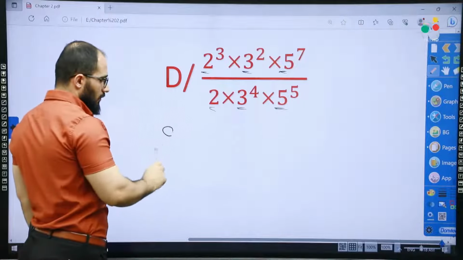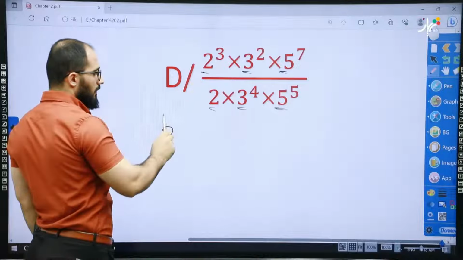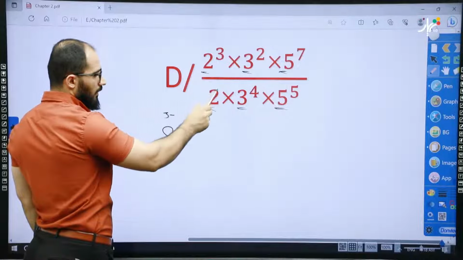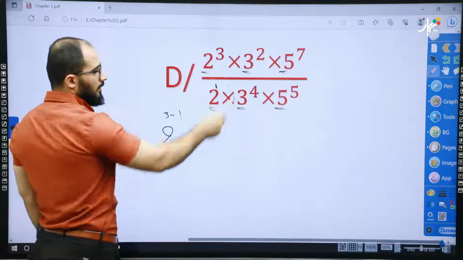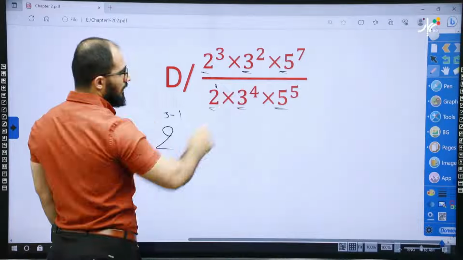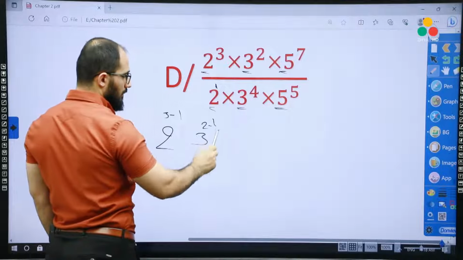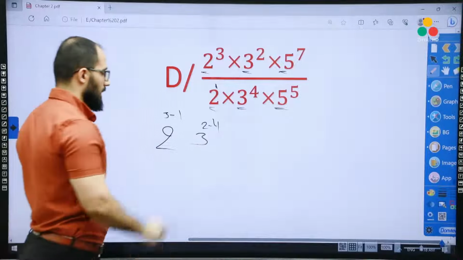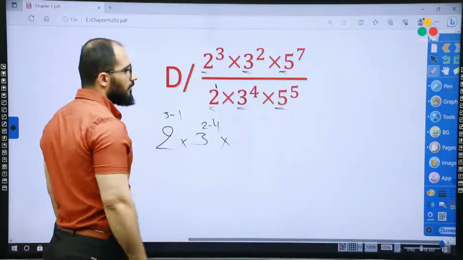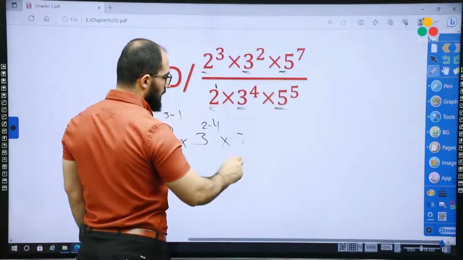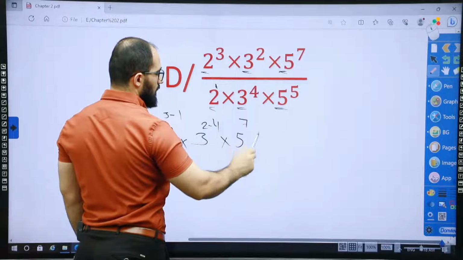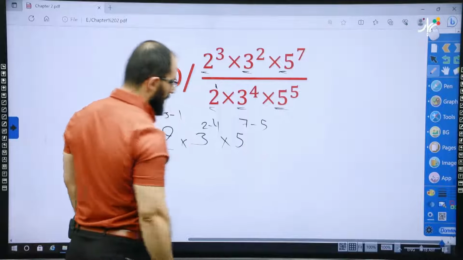It means 2 power 3 minus power 1, 3 power 2 minus 4, times 5 power 7 minus 5.